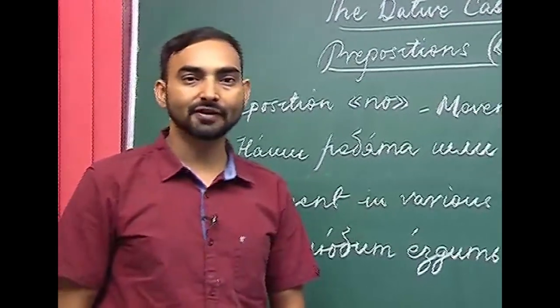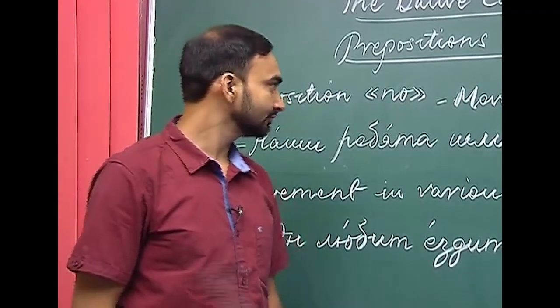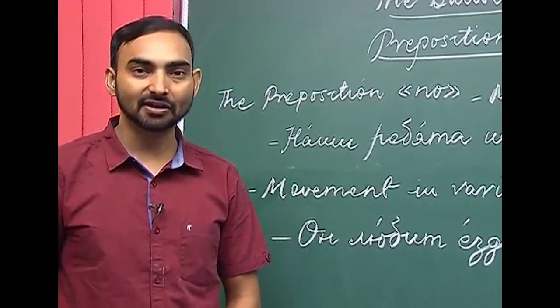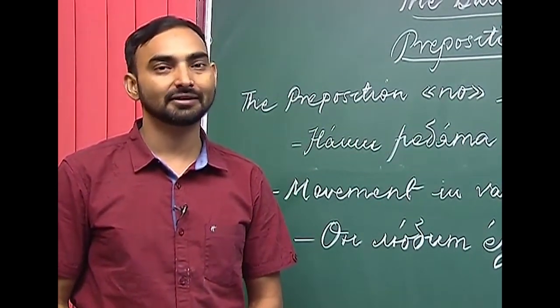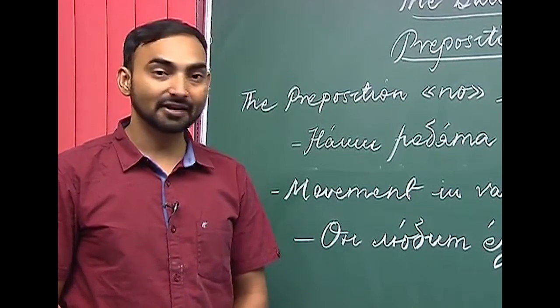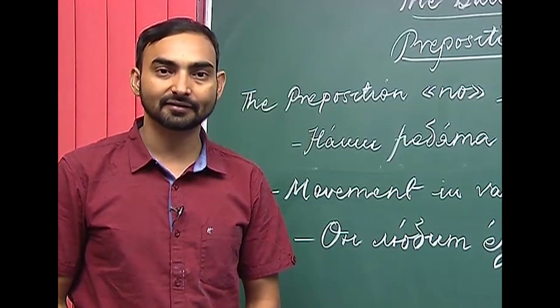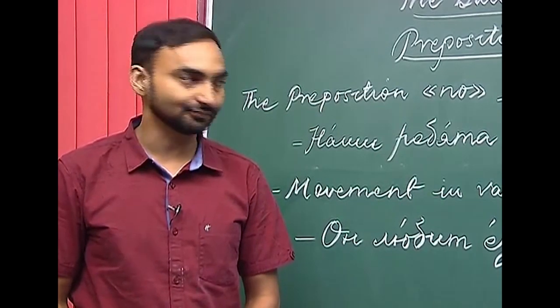So let's first dwell on the first preposition, which is pa. This is a very interesting preposition because in English we do not have any corresponding or equivalent preposition. In Russian, this preposition conveys several meanings, and in this lesson we will discuss some of them.